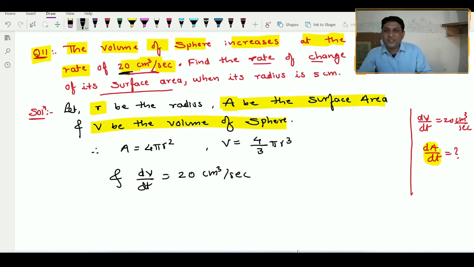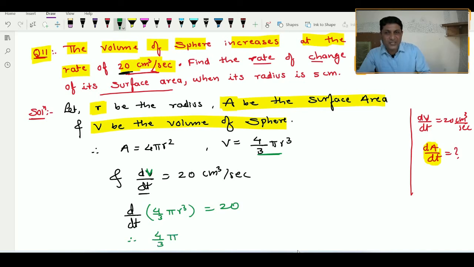So first let us make use of this given condition. Here d by dt, keep it as it is, and I am replacing V by its value, 4 by 3 pi r cube, equal to 20. Let us simplify it. 4 by 3 pi stays as it is.